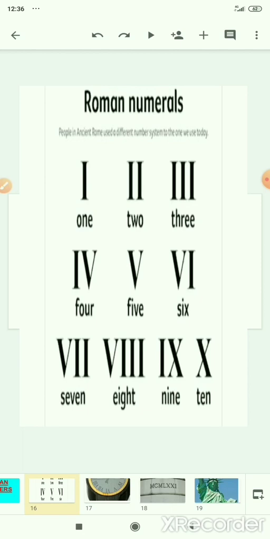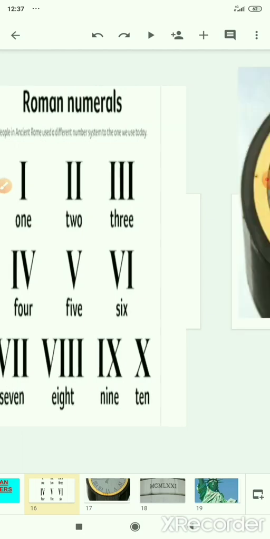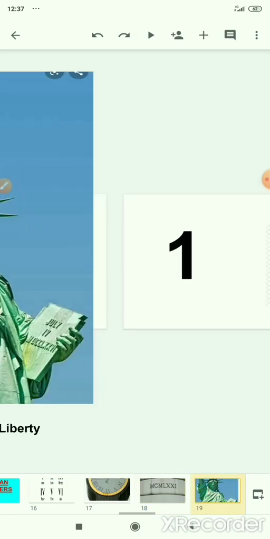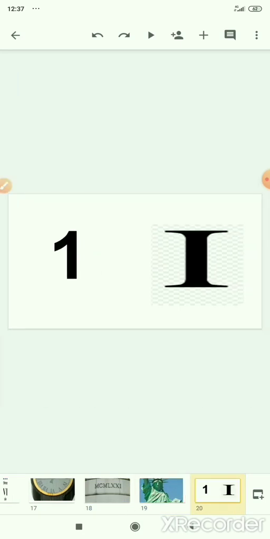For 3, we just add one more line to 2. If we add one line, it becomes number 3. So number 3 in Roman form looks like this, or like this. Good. Next, number 4.